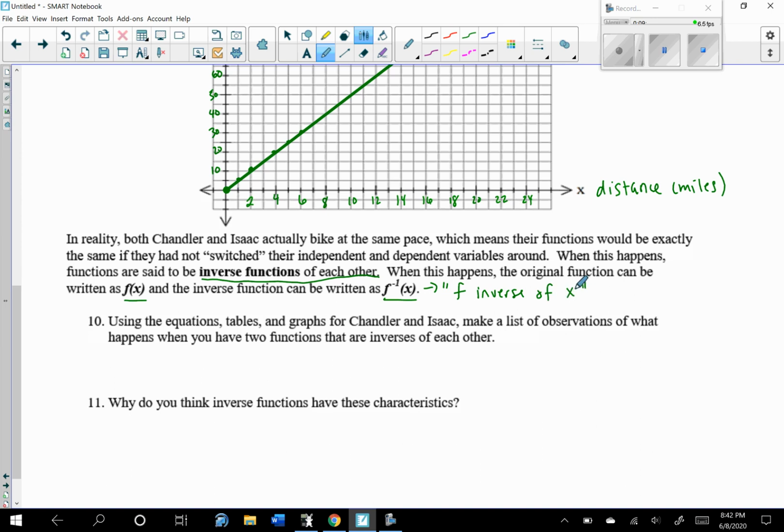So for question 10, it says using the equations, tables, and graphs for Chandler and Isaac, make a list of observations of what happens when you have two functions that are inverse of each other. So one thing we noticed is we switched the independent and dependent variables.